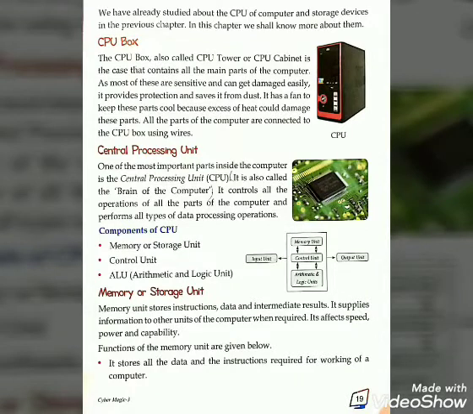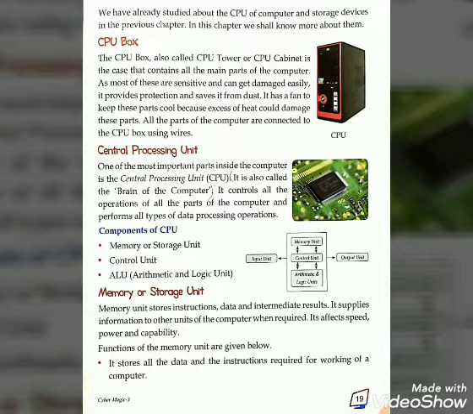That is why it provides protection and saves them from dust. It has a fan that keeps these parts cool. Why? Because excess heat could damage these parts. And all the parts of the computer are connected to the CPU box using wires. Now this is all about the CPU box.